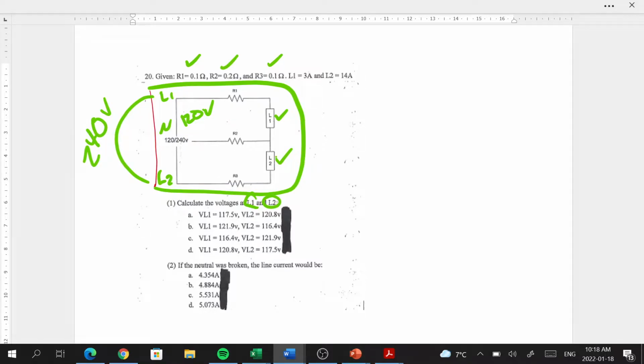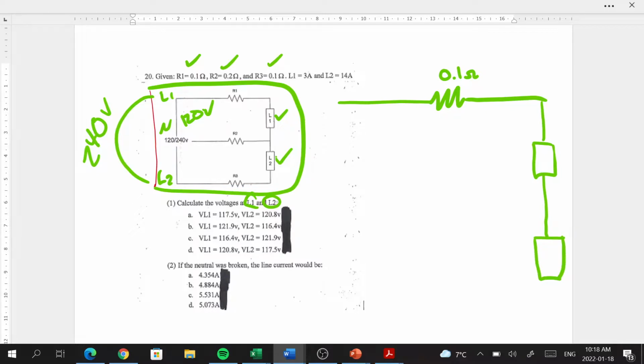The first thing I would do is redraw the circuit and add the values that we know. Along this resistor here, R1, we have a conductor resistance of 0.1 ohms. Then we have our load, and load 2 here.